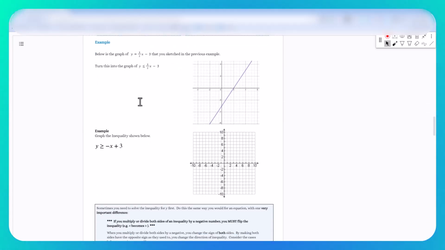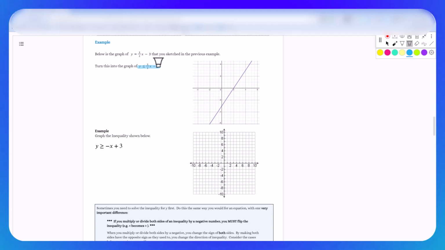So now we're looking at an example where we have the graph of y equals 3 over 2x minus 3. But now we've turned the graph into this: y is less than or equal to 3 over 2x minus 3. Well, let's think about what less than means. It means that the value of y we choose is going to be less than any value that this defines.